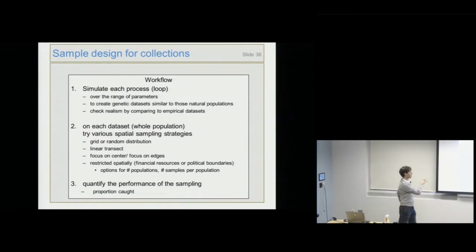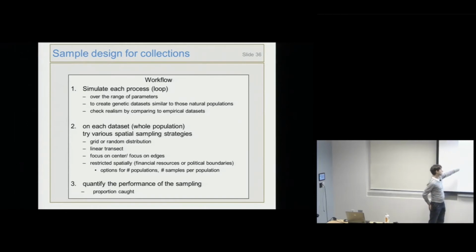So now that we've thought a little bit about what needs to go into these simulations, this is the workflow that I'm proposing for my project: simulate some of the major processes of interest, range expansion, etc., to create genetic data sets that might represent the natural populations as they are, whose realism we can check in some cases by comparing to empirical data.